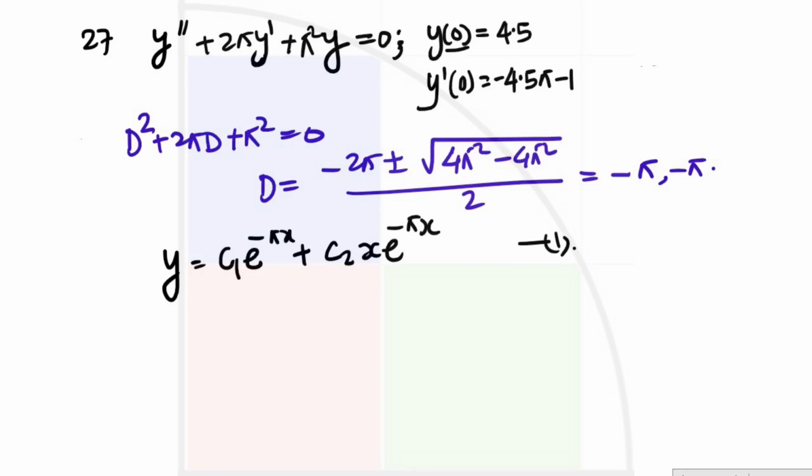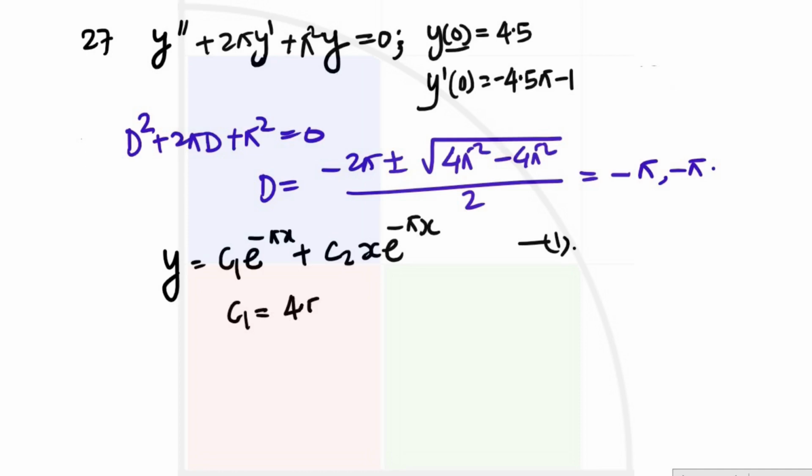Now use the first initial condition, which is y is equal to 4.5 when x is equal to 0. This clearly brings this down from the equation, because the moment we put x, the entire expression will become 0. So we get c1 is equal to 4.5, straightforward.